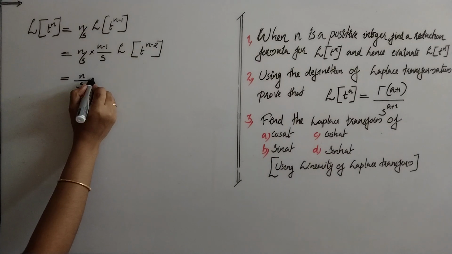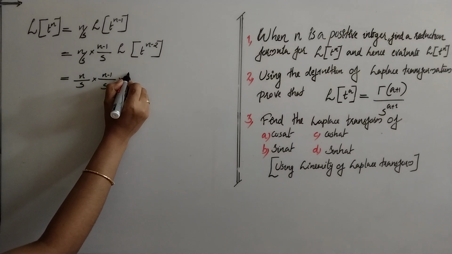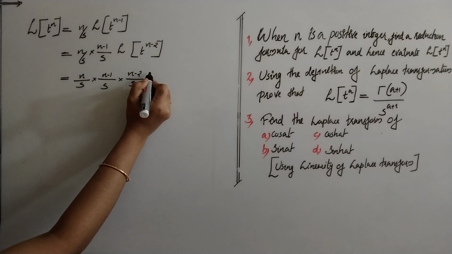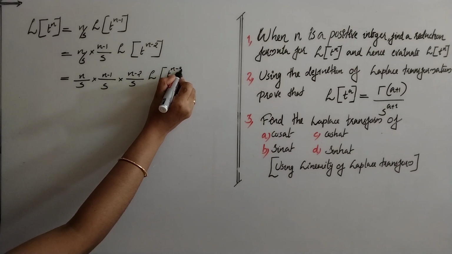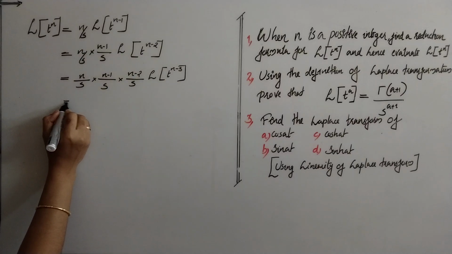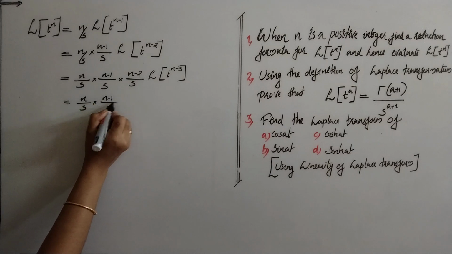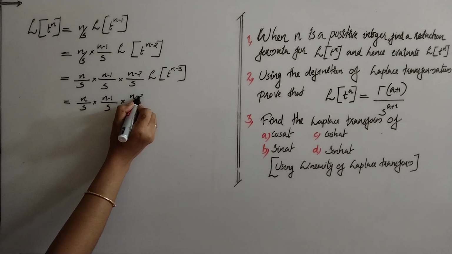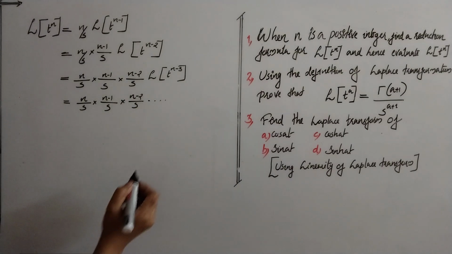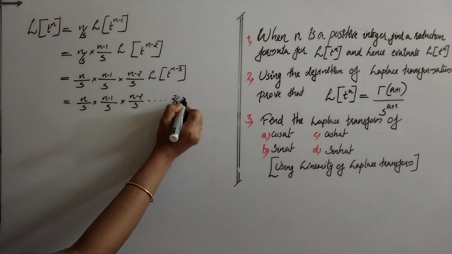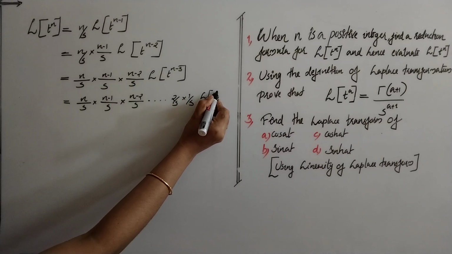That is n by s into n minus 1 divided by s into n minus 2 divided by s into Laplace transform of t raised to n minus 3, which is equal to n by s into n minus 1 by s into n minus 2 by s, etc., 2 by s into 1 by s into Laplace transform of t raised to 0.